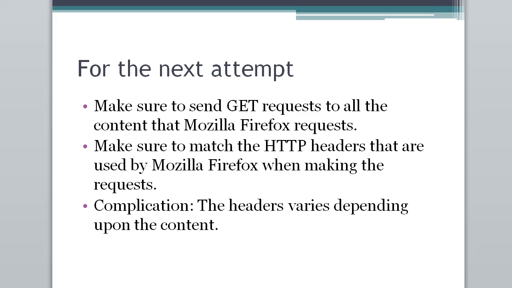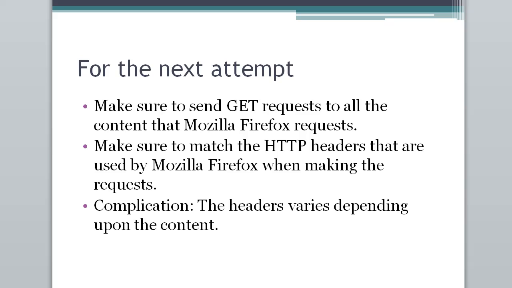Some headers are relatively uncomplicated, such as the user agent header, which provides the browser name and version. This header appears in every GET request and is always the same, and it's very easy to add to the WebClient.